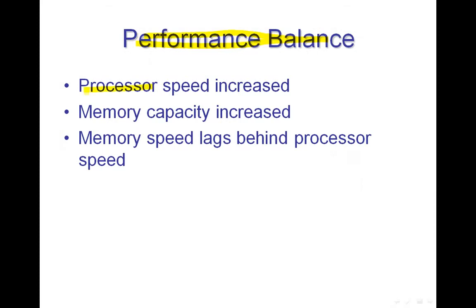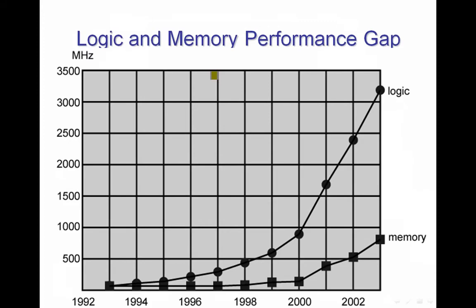The processor speed increased with time. We have a memory with a capacity increasing with time, but memory speed lags behind processor speed. Therefore, we are seeking to balance all of these elements together. We have a logic and memory performance gap.